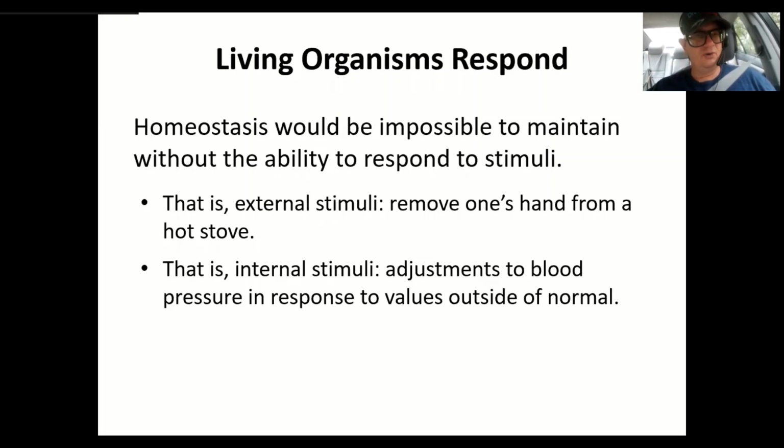If your blood pH, we talked about that before, gets too acidic, without even thinking about it, your body's going to start making you breathe harder. You're going to breathe a little faster, a little bit deeper. Why? Because you're blowing off carbon dioxide, and that reduces the carbonic acid in your body, which means you're getting rid of one of the acids. If you're too acidic, get rid of one of those acids. You don't need it.